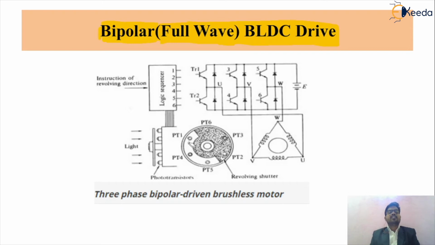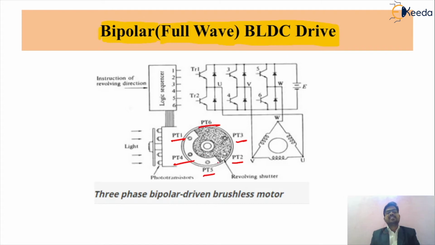The conduction of each photo transistor is for 60 degrees itself, and that's why the bipolar BLDC drive gives the operation of 60, 60, 60. For each stator winding, two transistors are operated at a time, and due to that it gives a full wave output waveform. So friends, we can understand: this is PT1, this is PT2, PT3, PT4, PT5 and PT6.